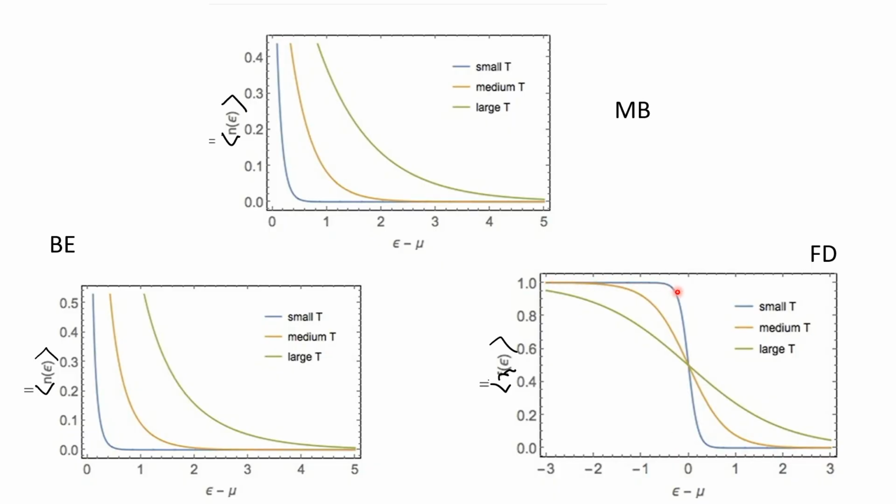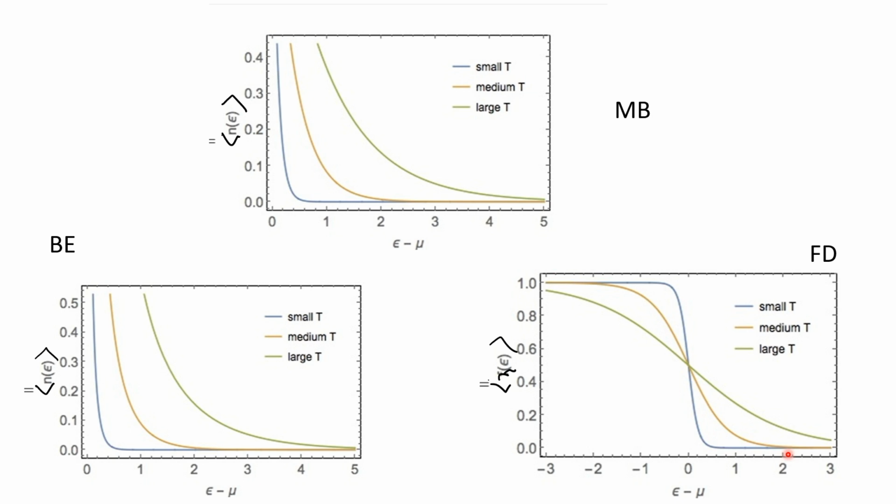Okay. And so, you see there is a nice step-like function for very small T, and at T equal to 0 it is exactly a very sharp step. That tells you that all states with negative epsilon minus mu are occupied, and all states with epsilon greater than mu, or epsilon minus mu greater than 0, are unoccupied.